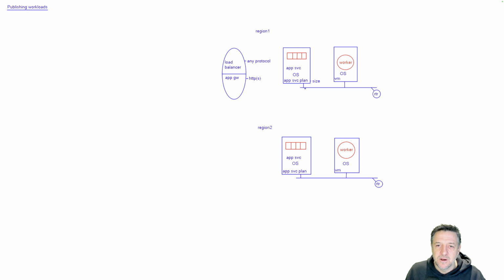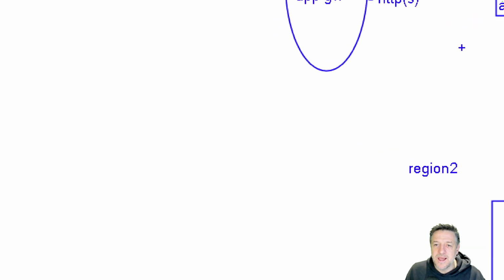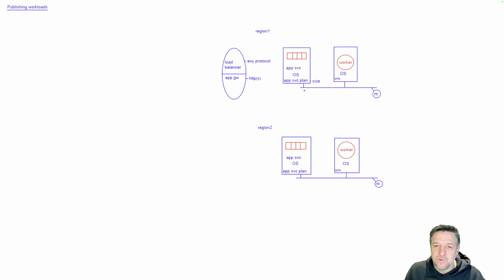Now, both of these components are also connected to your virtual network. So in this case, whether I would be creating a load balancer or an application gateway, they both would be connected to the VNet in order to allow the connection to the app service in that way.